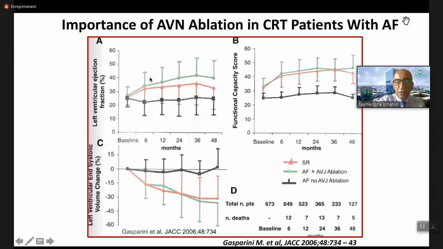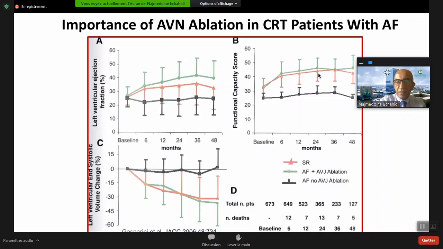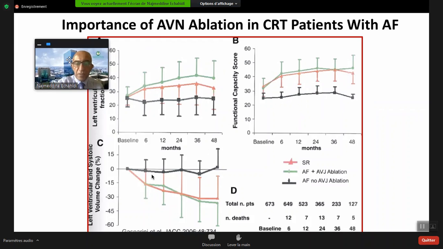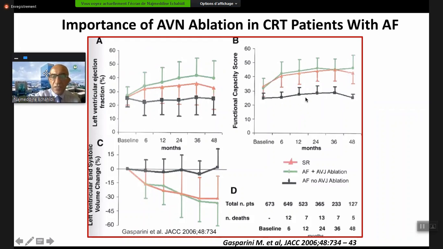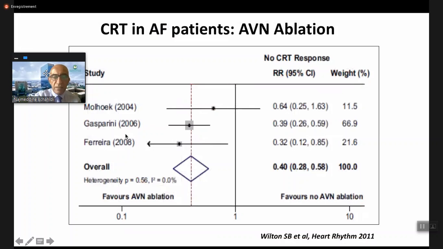You can appreciate here in red a patient in sinus rhythm. The outcome is exactly similar to patients with atrial fibrillation in whom we ablated the AV node, whatever the parameter you are considering. The worst scenario is in patients implanted with CRT who are presenting with atrial fibrillation, and the AV node was not ablated. A meta-analysis was done in such patients, CRT with atrial fibrillation, and it's definitely favoring AV node ablation.